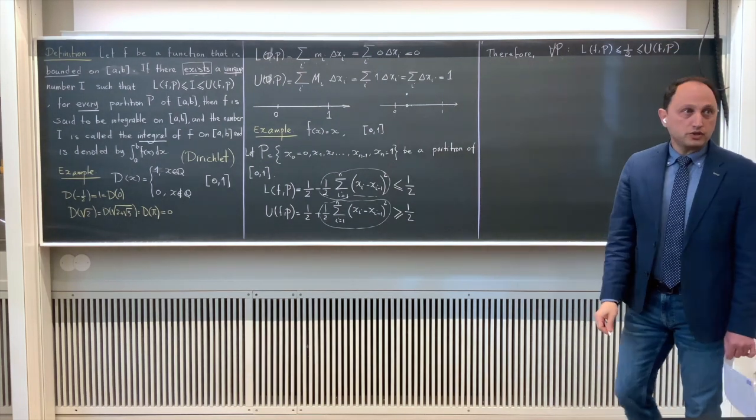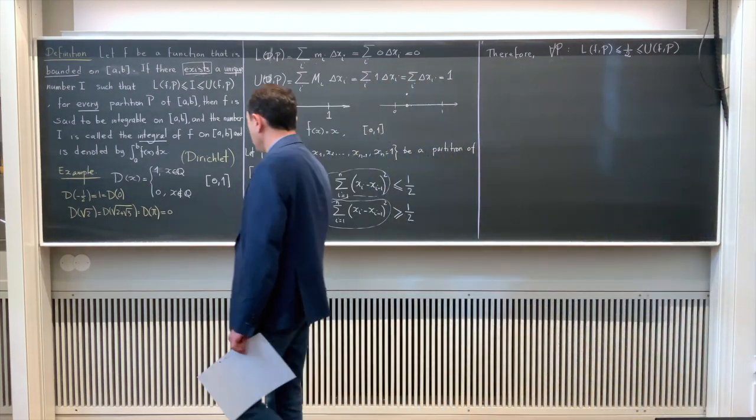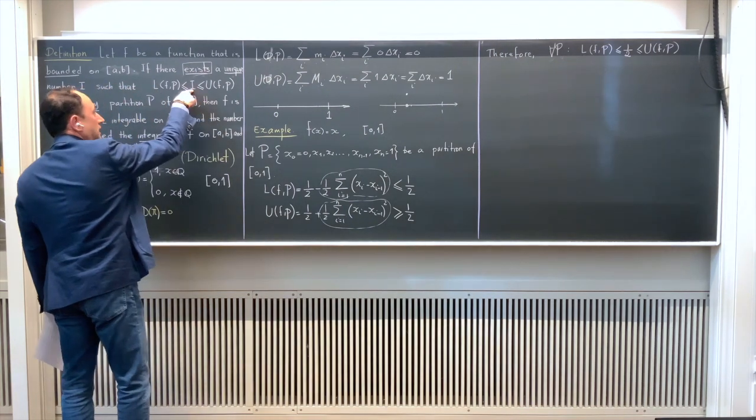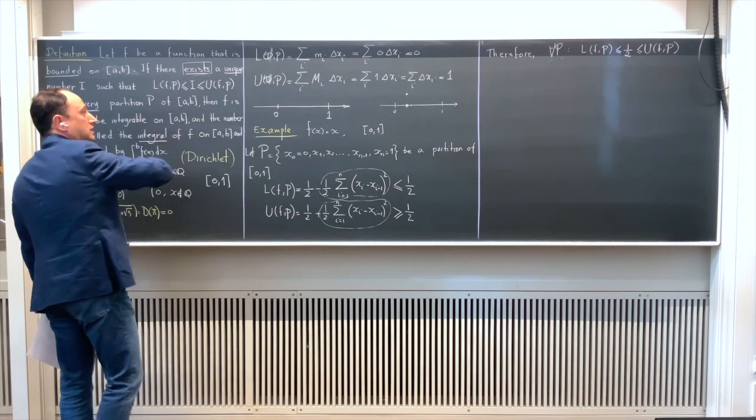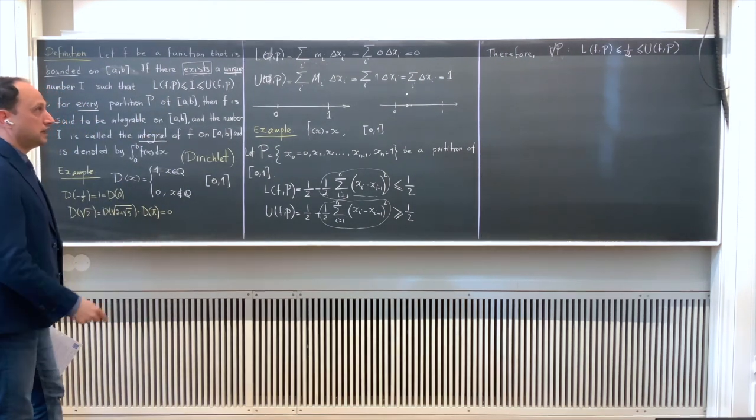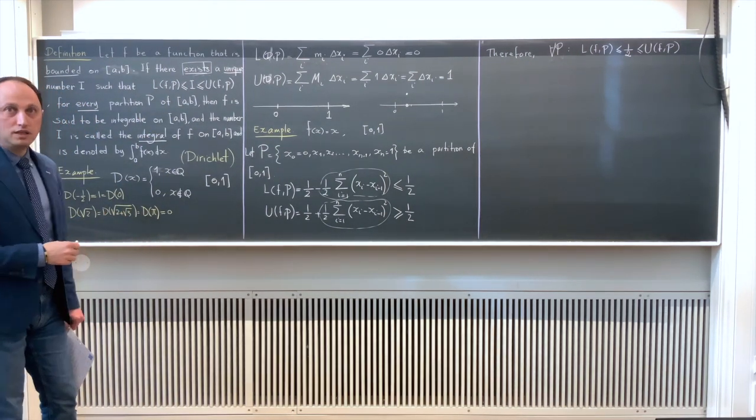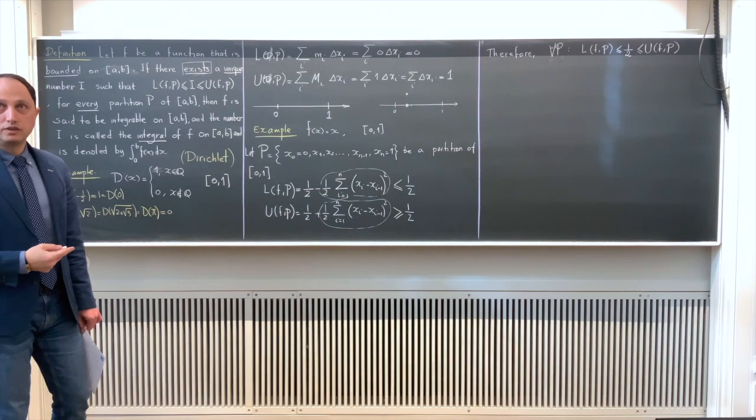Yes? So I was able to convince you that there is a number which is less than all upper sums and greater than all lower sums. But I cannot jump to the conclusion immediately that this is integrable.